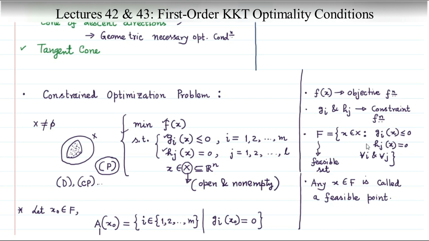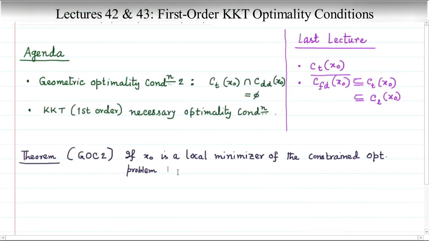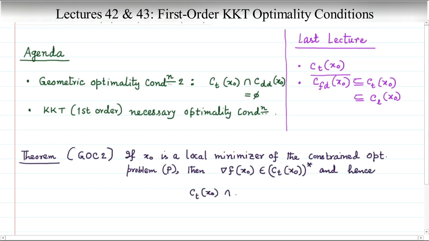Well, so here in the geometric necessary optimality condition 2, if x0 is a local minimizer of the constraint optimization problem P, then we will observe that the gradient of f at x0 must lie in the dual cone of the tangent cone, and from here it is trivial to observe that the intersection of the tangent cone and the cone of descent directions at the point x0 is an empty set.